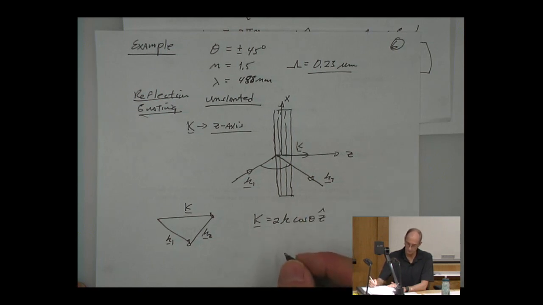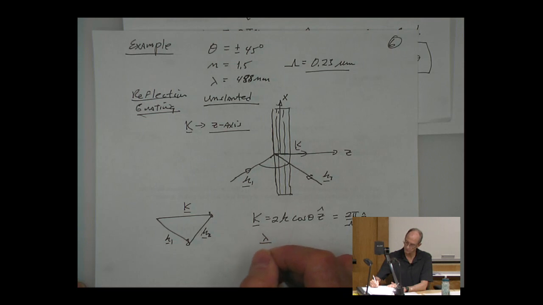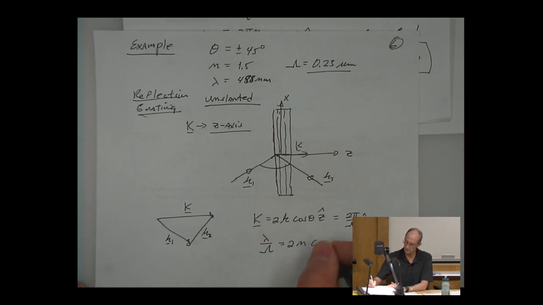And so this again is equal to 2 pi over the period. Of course, that's going to be in the z direction. And so we now have that lambda over the period is equal to 2n cosine theta, all right? So this too is the Bragg condition, but it's the Bragg condition for a reflection grating, an unslanted reflection grating, all right?